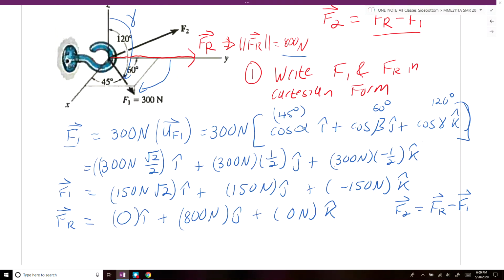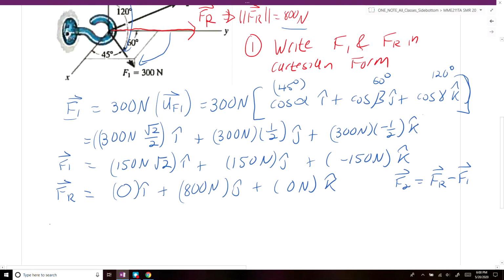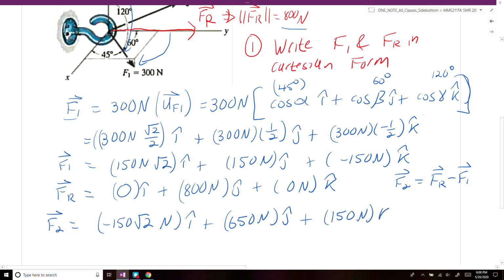If we do that, we get F2 equal to minus 150 radical 2 newtons i, plus 800 newtons minus 150 newtons, which is 650 newtons j, plus 0 newtons minus negative 150 newtons, which gives us 150 newtons k.